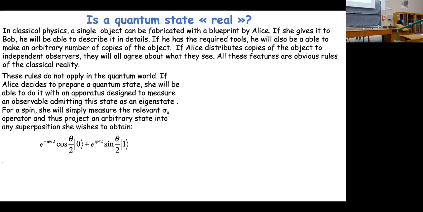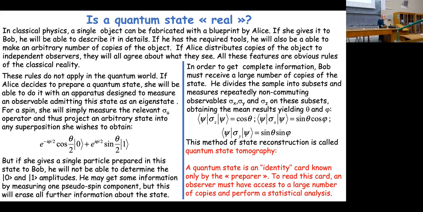The only possibility to do that would be to have a large number of copies. If you give to Bob hundreds of states prepared in the same quantum state, what Bob could do is to divide his sample in 3 parts, measure sigma x on one part, sigma y on the second part, sigma z on the third part, and then he reconstructs the angles theta and phi by statistical measurements, because the probabilities to get different values are given by the amplitudes.